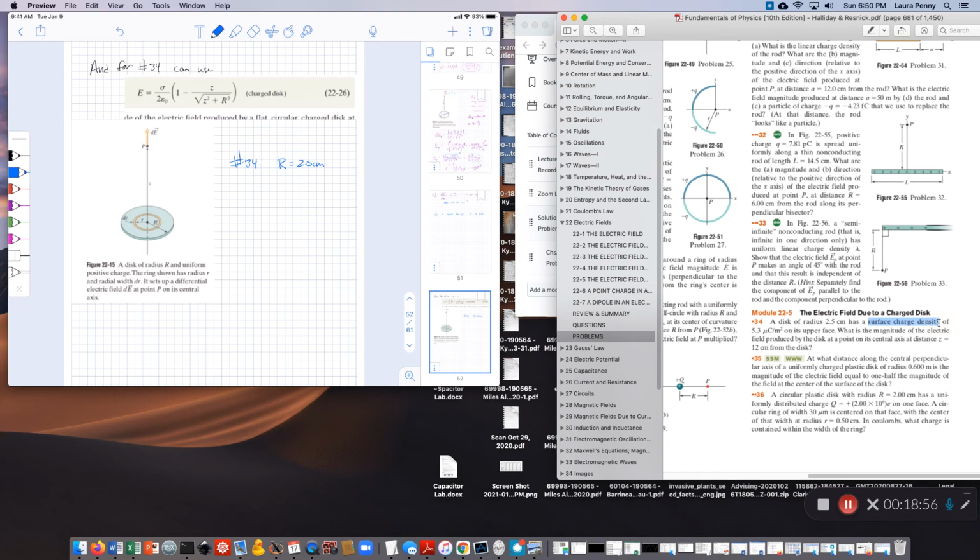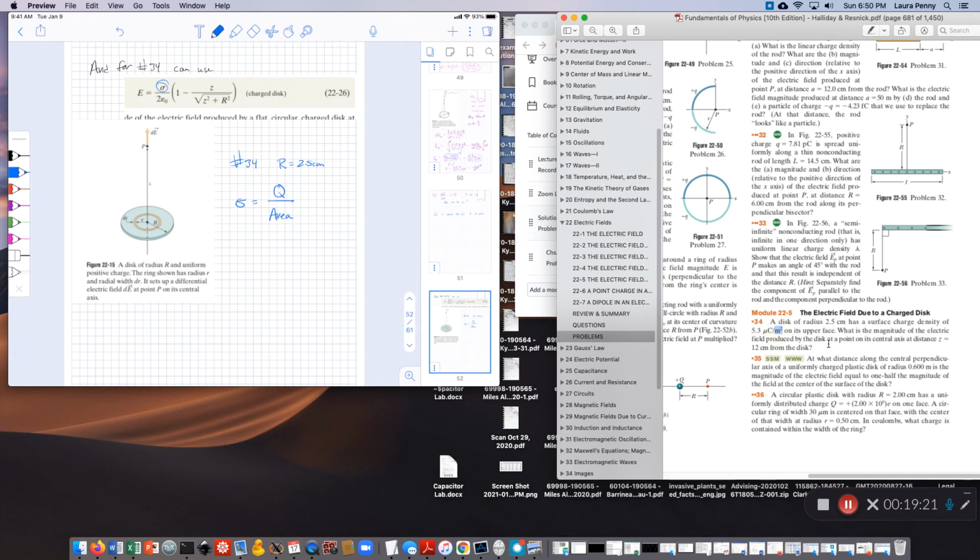So this surface charge density is this sigma in this equation. And it's essentially the Q that's on that over the area, because the charge is being spread out over some area. And so it has units of charge per area, right?